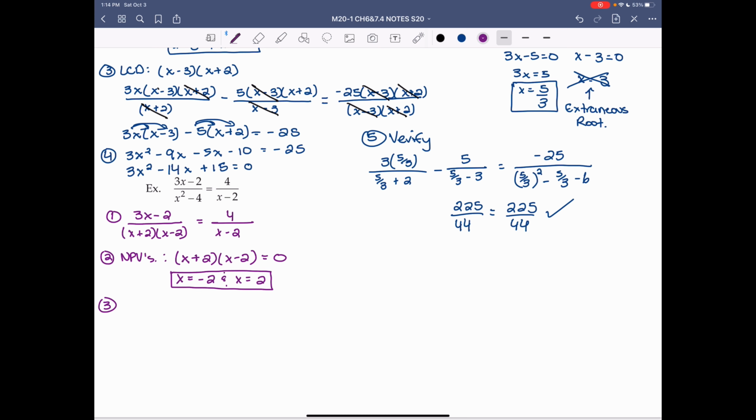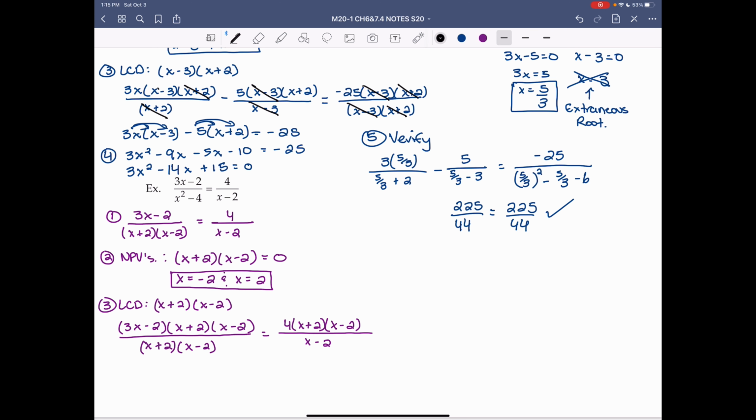Step 3, our lowest common denominator is x plus 2, x minus 2. Multiply that to each of our fractions. 3x minus 2 times x plus 2, x minus 2 over x plus 2, x minus 2 equals 4 times x plus 2, x minus 2 over x minus 2.